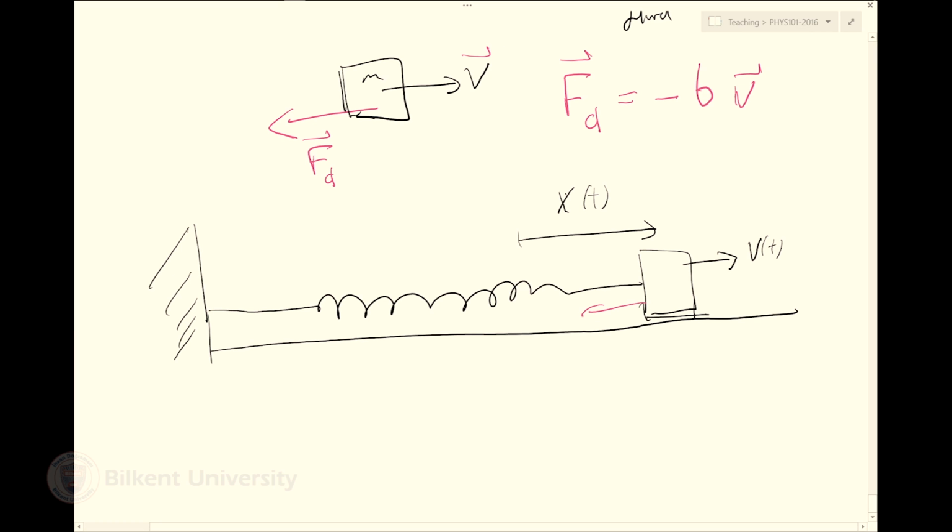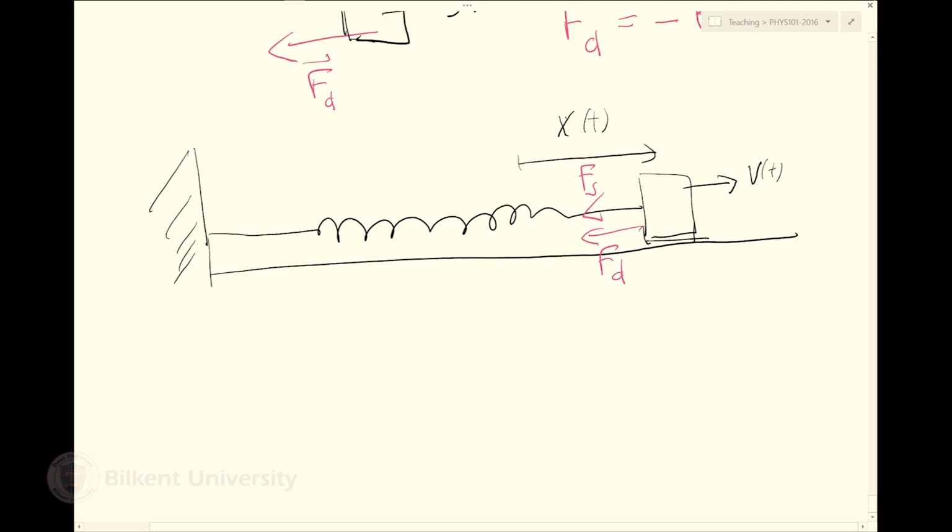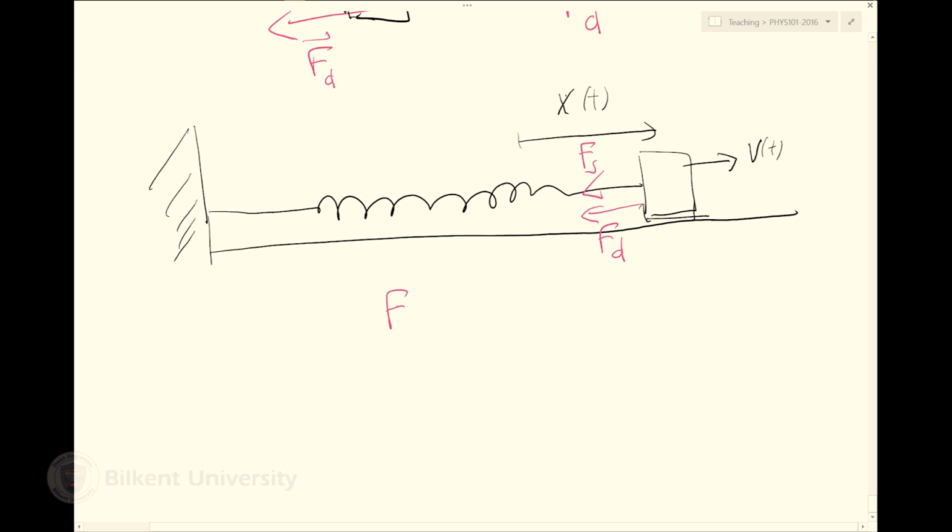There is the air friction, and then there is the force of the spring. I'm in 1D, so I'm dropping the vector signs.